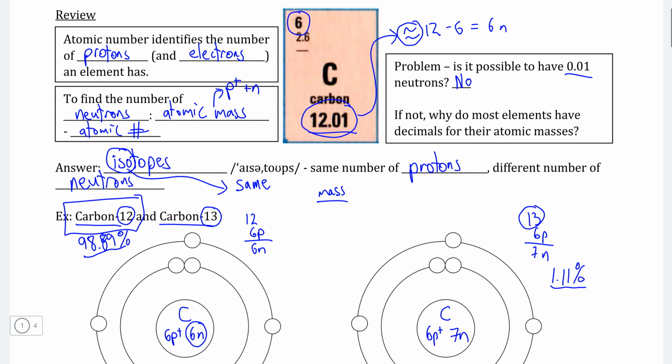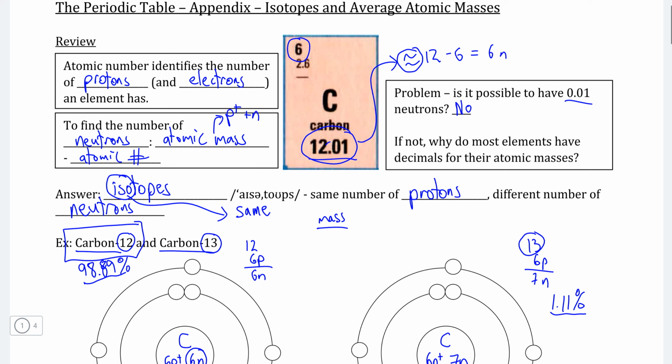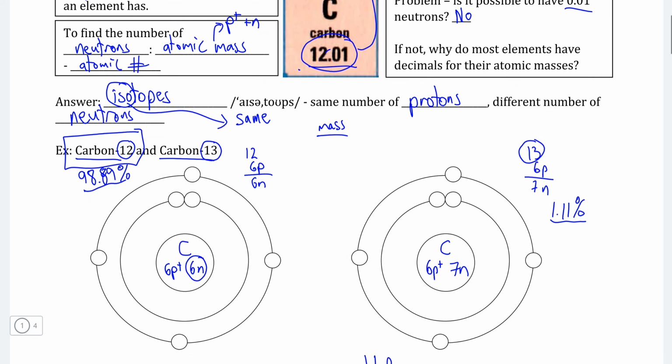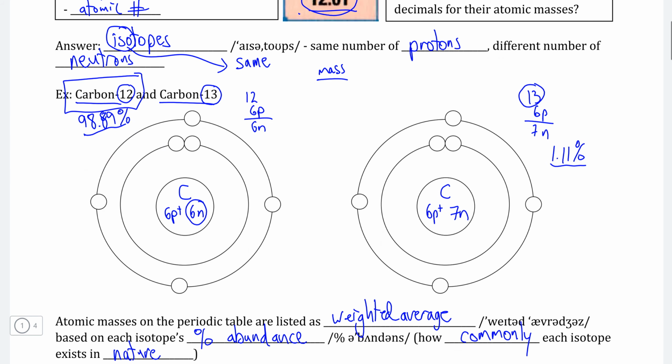And now we know that the 0.01 does not in fact refer to 0.01 neutrons, but is a representation of what the weighted average of carbon's atomic mass is based on how commonly one isotope occurs relative to the other.